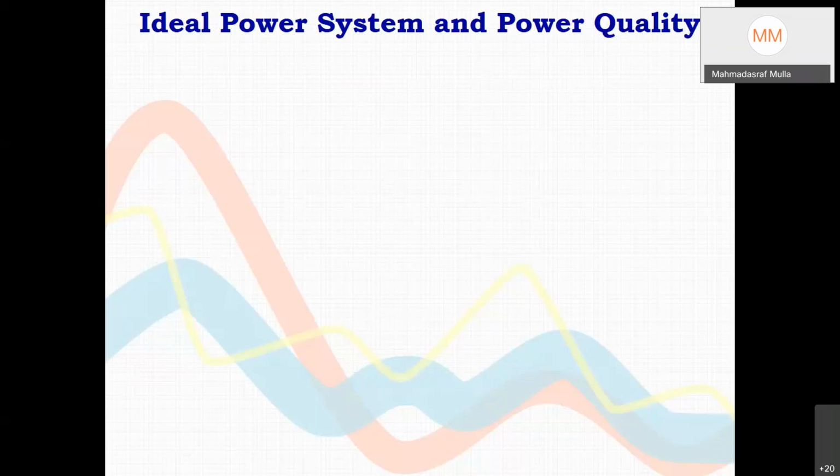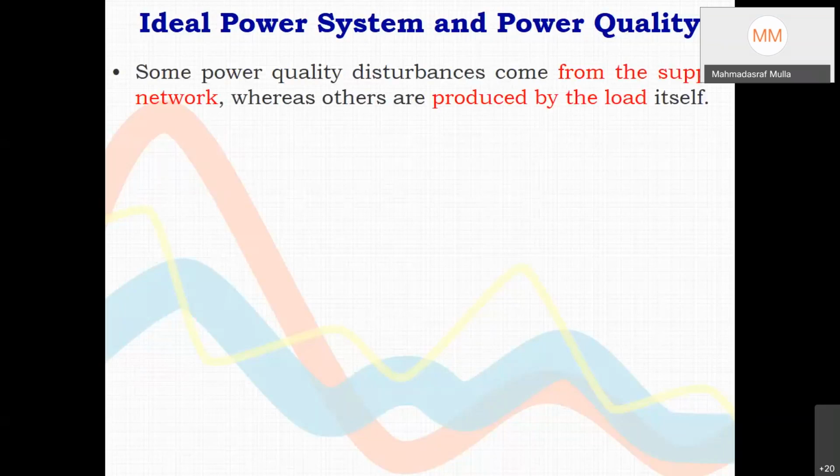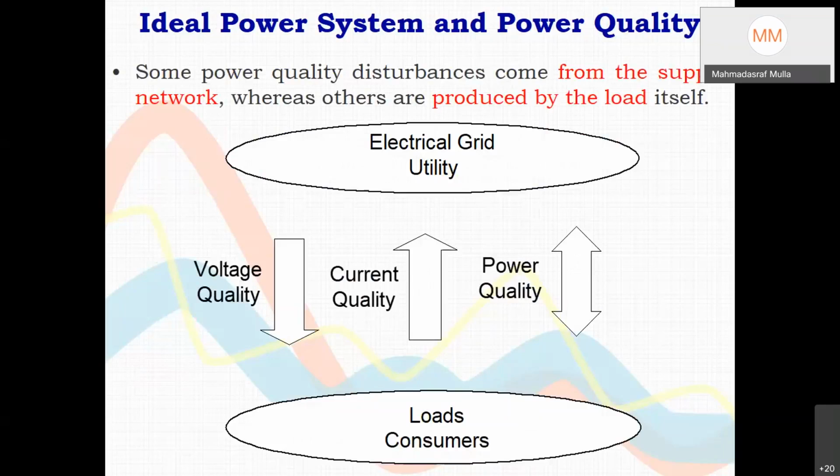Now the story will not be completed here, because it is a bidirectional problem. From the previous comments, we may feel that only the load is creating the problem, but it is not like that. Many a time some loads or units are drawing harmonic current.